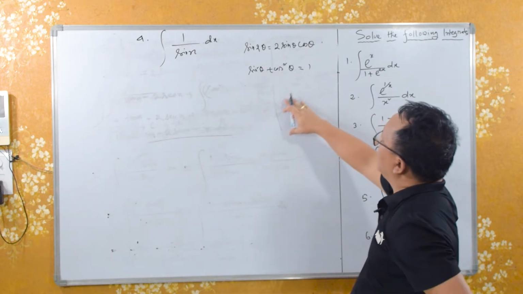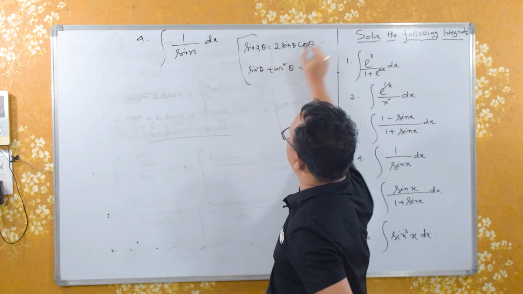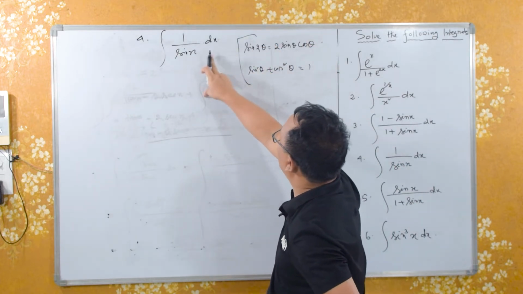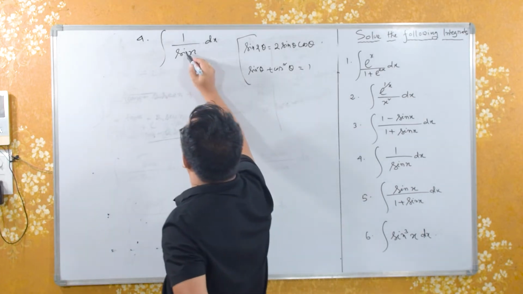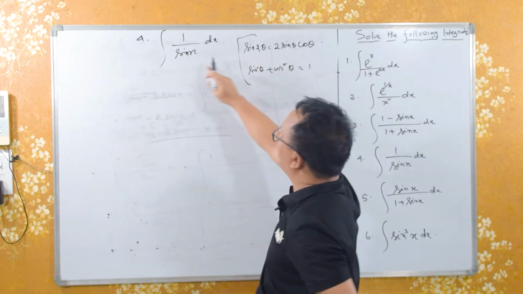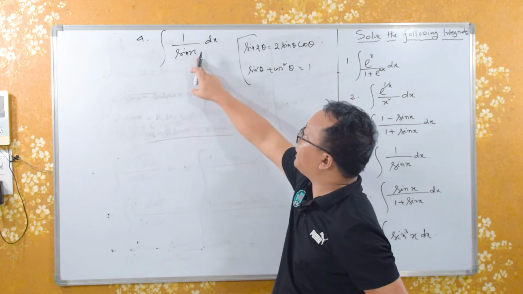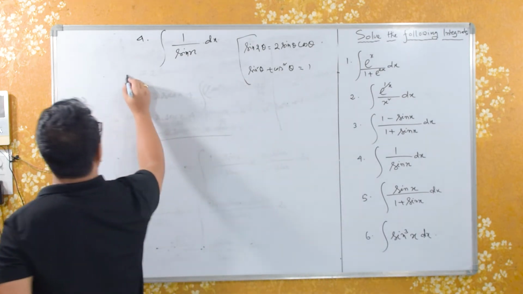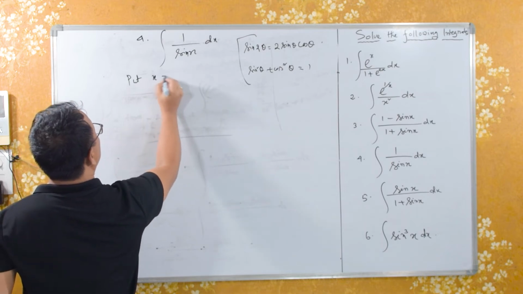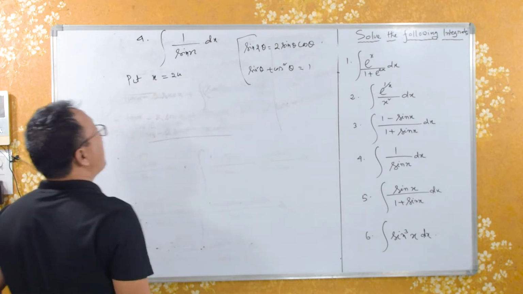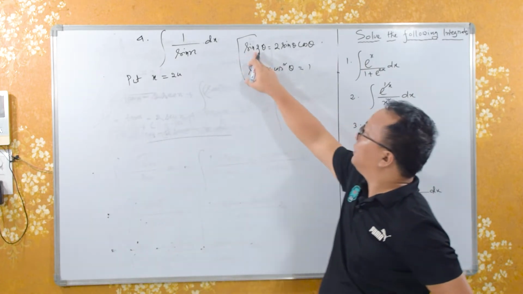Now if we try to use these two over here, I need twice the angle. Since I have x, let's put x equals twice u, because I want to bring this sine twice theta.